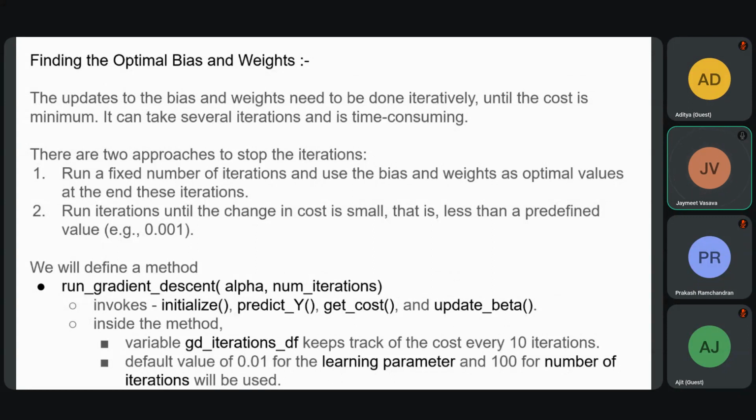The variable GD iterations DF is just the data frame to keep track of the 10 iterations that we have decided to keep track of. The default value of the learning rate is 0.01 here, and the number of iterations that will be used for this will be 100.